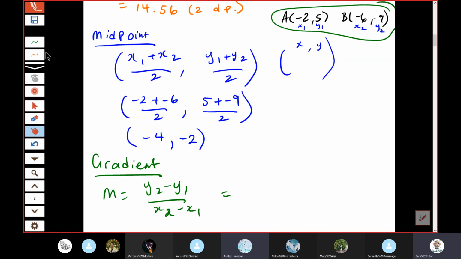Minus 9. That's why we're labeling it. You know how I labeled it y2 and x2? Are you sure? Okay. y2, minus 9, minus what's y1? 5. Good job. Over x2, minus 6. Beautiful. Minus x1, minus 2. And you literally just put exactly what you see here into your calculator. Give me an answer.